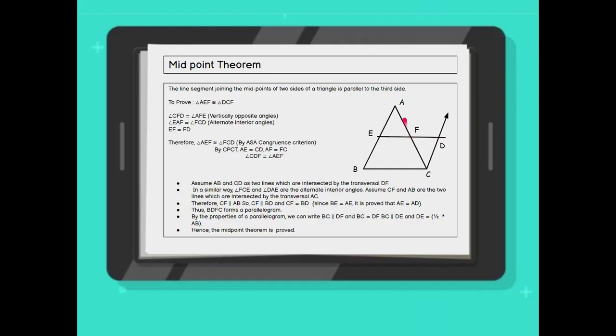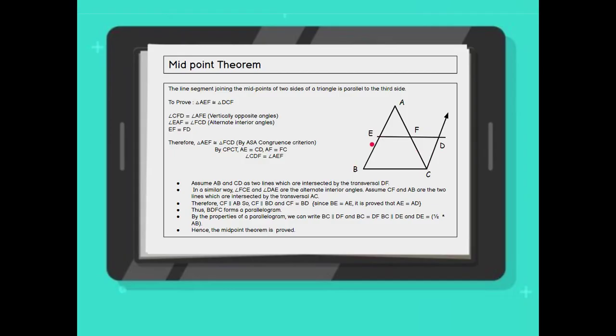And therefore, by CPCT, AE is equal to CD, and AE is equal to EB, as we know E is the midpoint. So therefore DC will also be equal to EB.